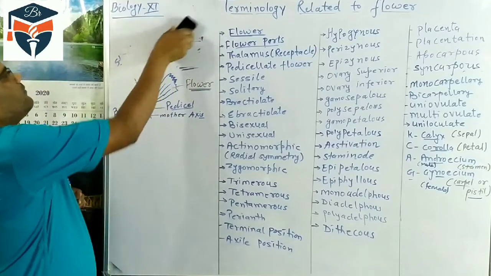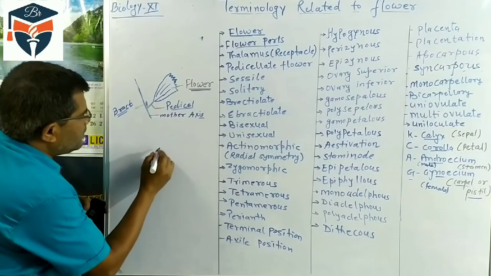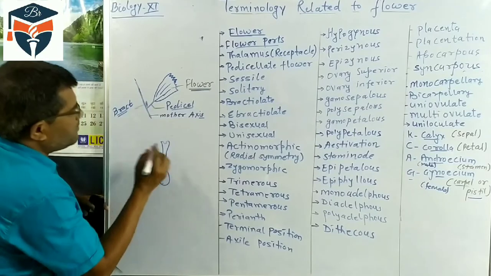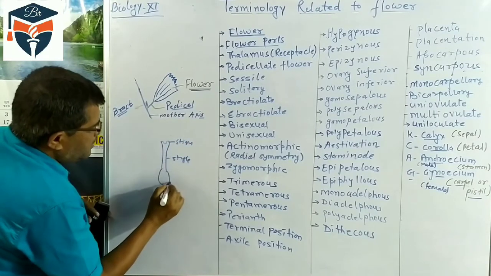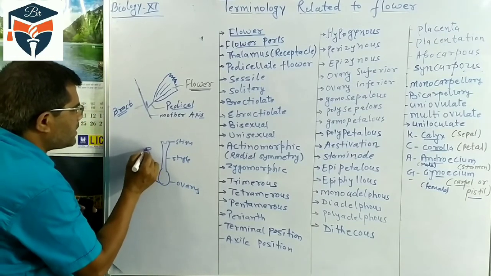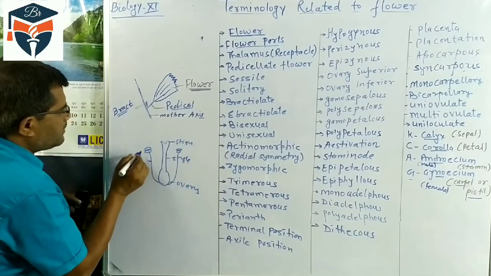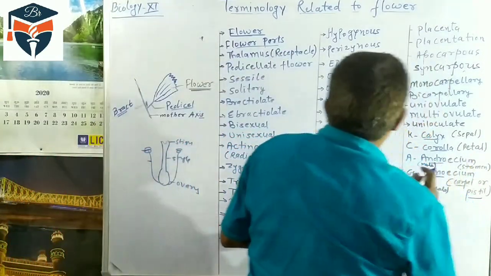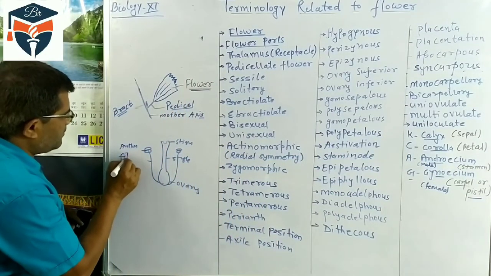If you want to see the 4 parts of the flower in any flower, this is the female part: stigma, style and ovary. The male part has the anther and filament.